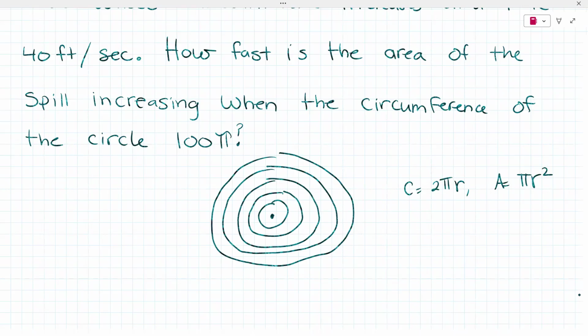So that is your dC/dt, which is 40 feet per second. What we need to find is another rate. How fast is the area of the spill increasing when the circumference of the circle is 100 pi? That means we need to find our dA/dt.